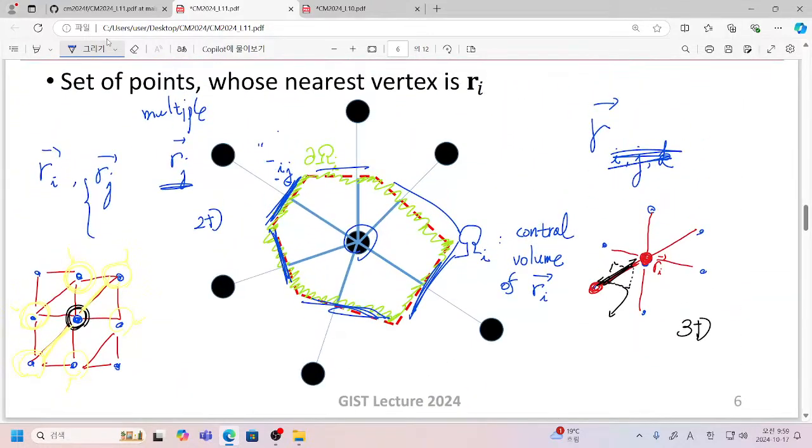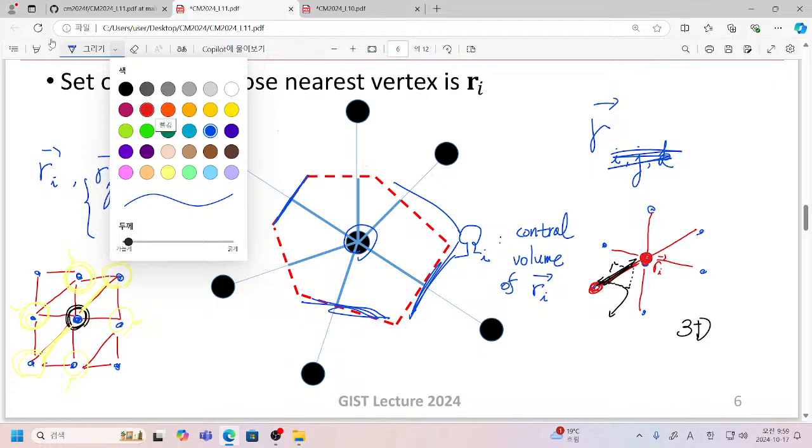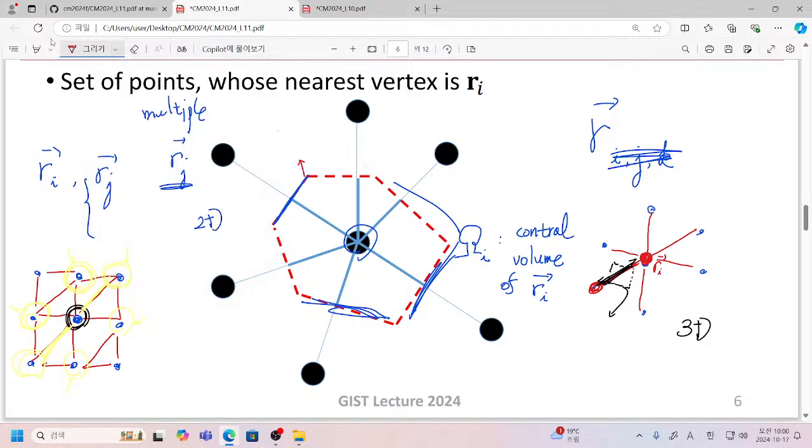What we have to do is actually like this. Let's say that over this surface, corresponding to the boundary of omega sub i, it has this vector. At several different points, we have different vectors.